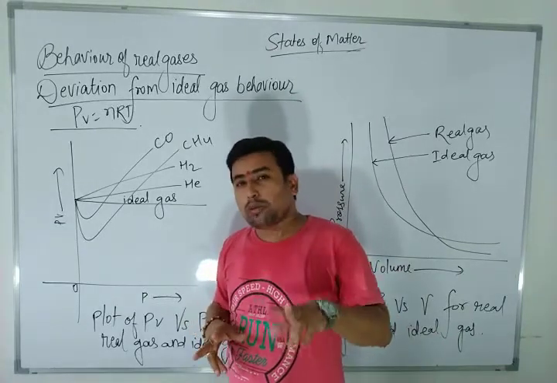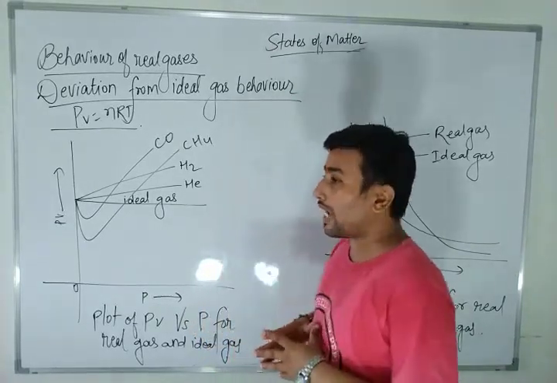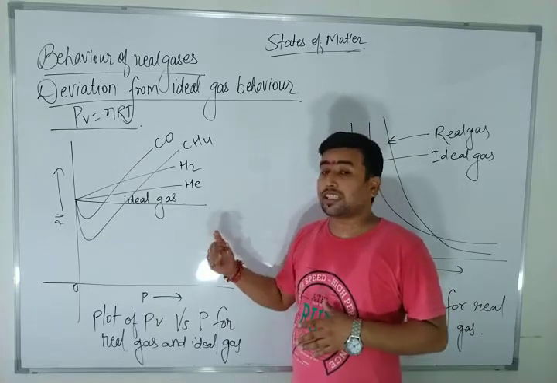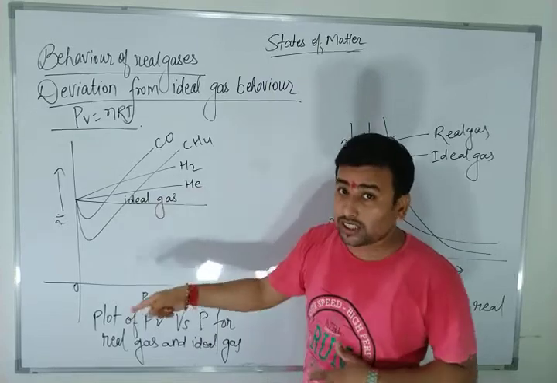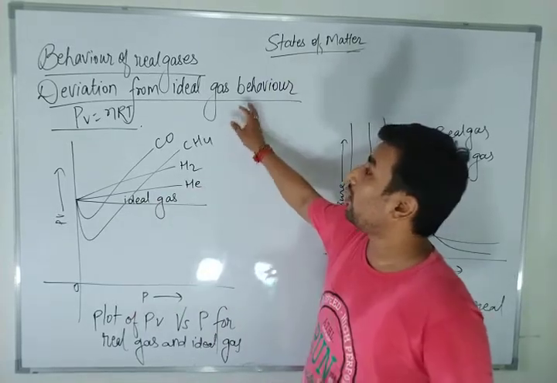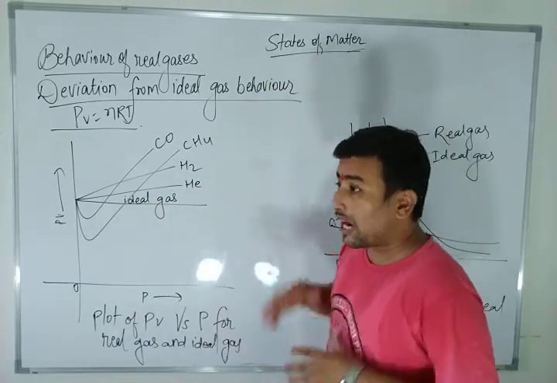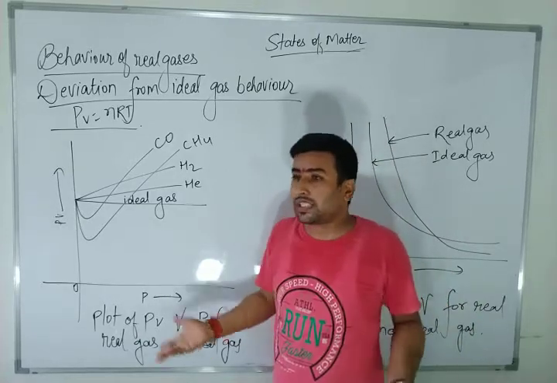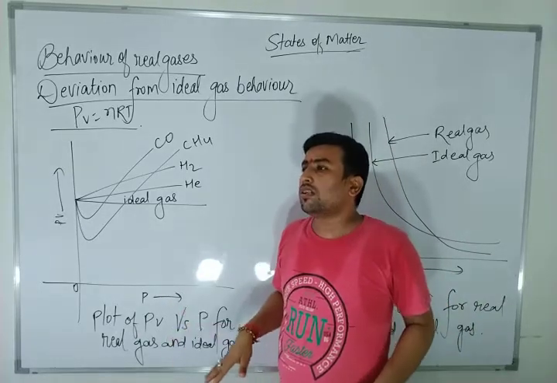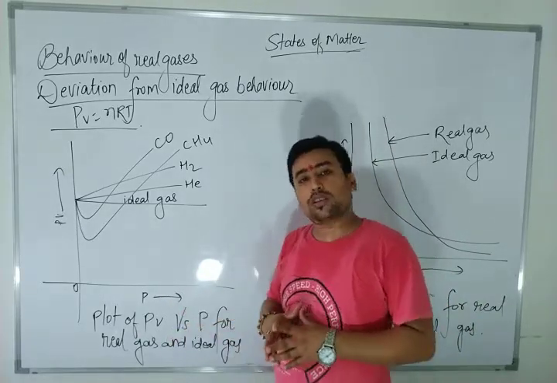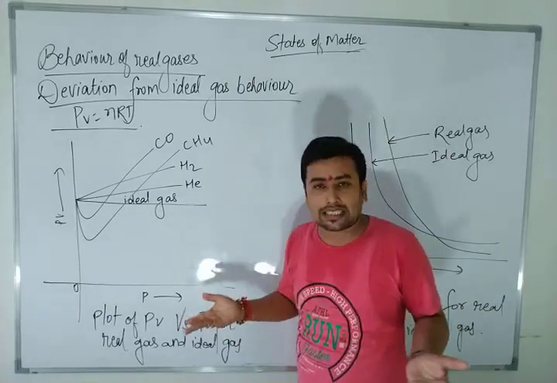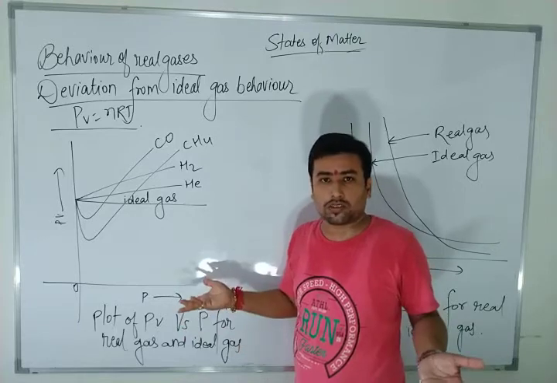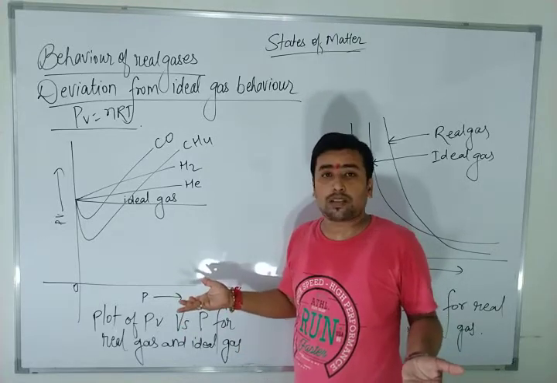So these two main postulates of the kinetic molecular theory of gases are the reason why real gases deviate in their behavior from the ideal gas. Why do the real gases deviate? Because the interaction or attraction force between atoms and molecules is negligible. There is no attraction force between these gas atoms and molecules.